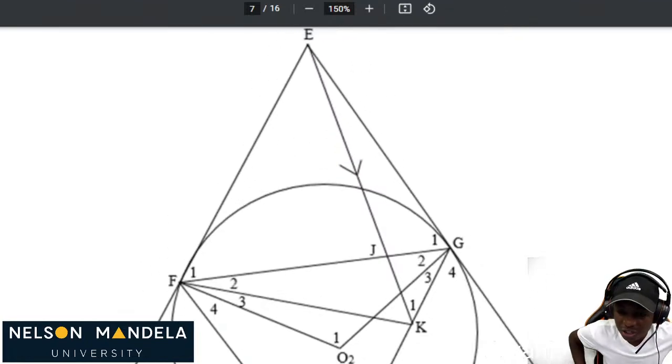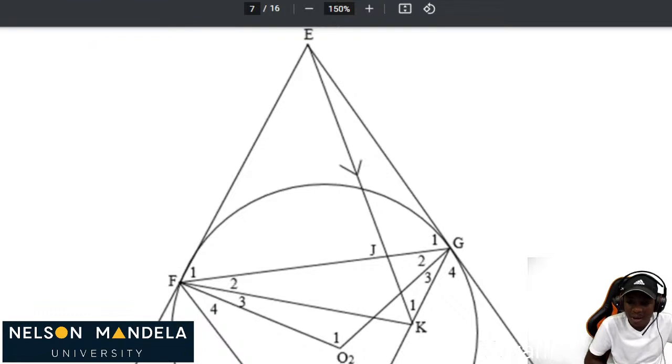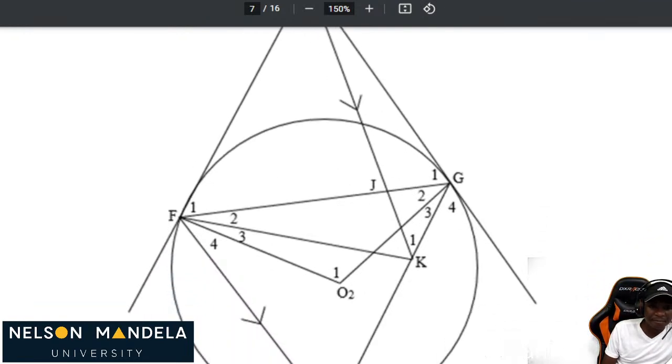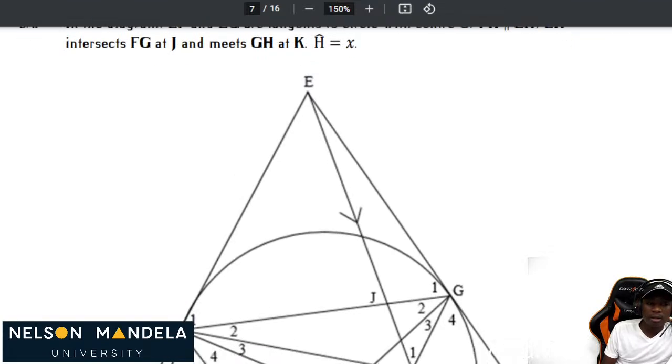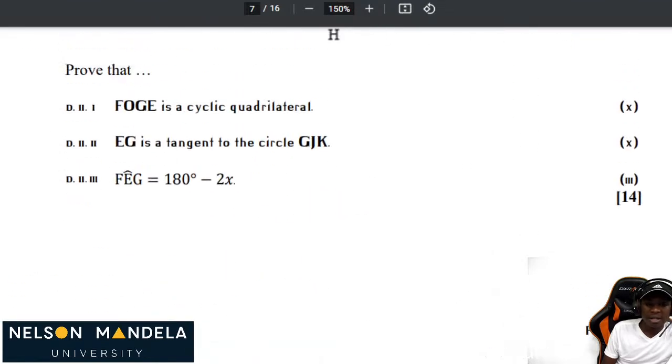What you have to understand is what a cyclic quadrilateral is. The opposite angles of a cyclic quad are supplementary, which means they add up to 180 degrees. So how can we prove that F, O, G, and E gives us a cyclic quadrilateral?